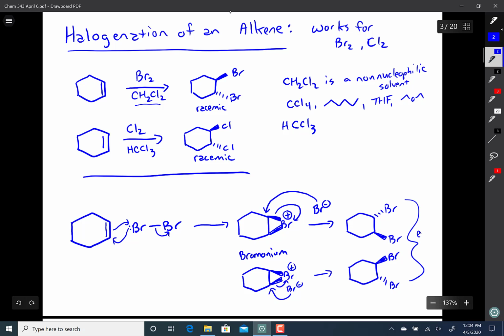These compounds are enantiomers. Okay. Now, the mechanism for chlorination follows the same thing, except wherever you see a Br, you put in a Cl.